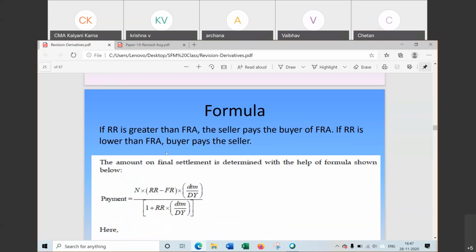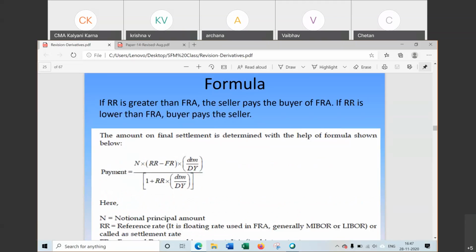Now the question will be asked about who will pay to whom. If the reference rate is greater than the FRA rate, that is, the floating rate is higher than the fixed rate, the seller will pay the buyer. Opposite, the buyer will pay the seller.